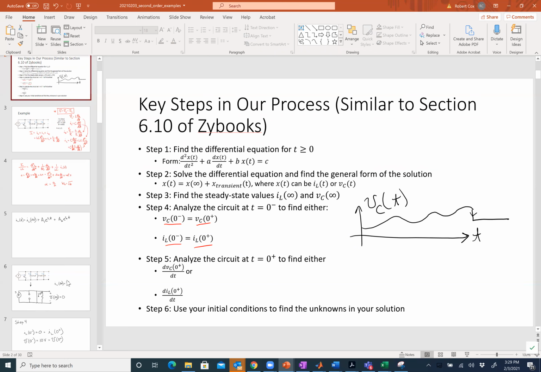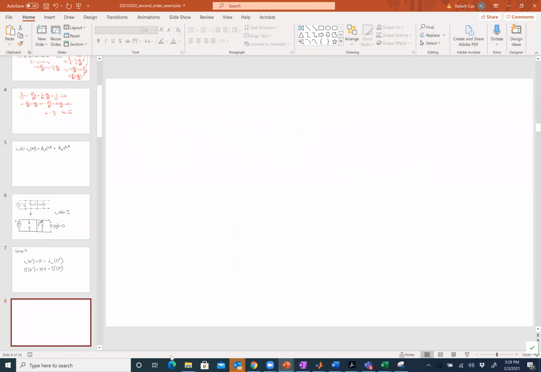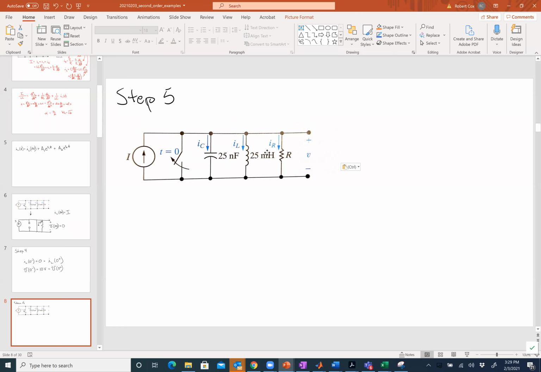That's the key thing. So then what I want to do is look at that circuit again here in step 5. Let's paste in this character.